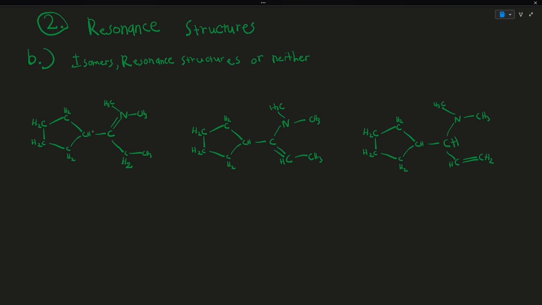First, just by looking at this, I can see that the left side for all three of them is the exact same, so I'm not going to worry about that. But on the right side, let's count the number of atoms. This one has 1, 2, 3, 4, 5 carbons. This one has 5 carbons. And this one has 5 carbons. Each of them has one nitrogen. So if there's going to be a difference, it would be in the number of hydrogens.